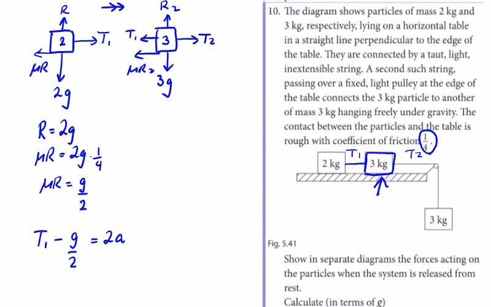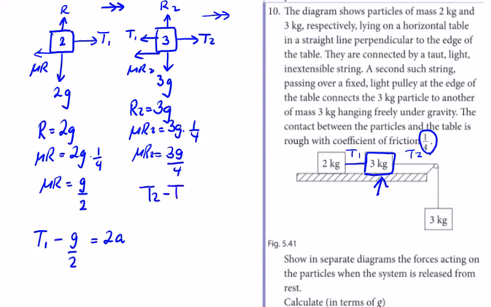So R2 is equal to 3g. So mu R2 is equal to 3g by a quarter, or 3g over 4. So my equation, it's going in this direction. So I'm going to have T2 minus T1 minus mu R2, 3g over 4, is equal to ma, 3a.